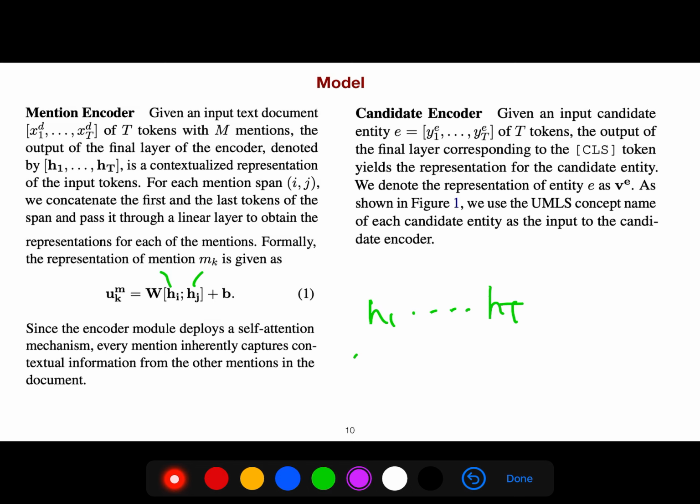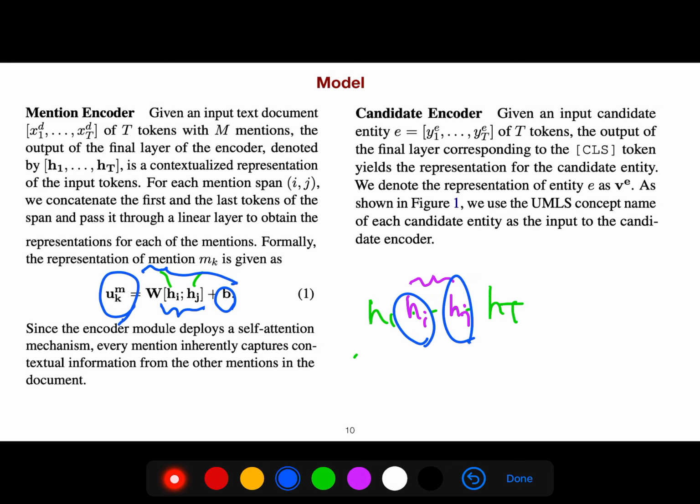But if your span starts from Hi till Hj, so this is the span of your mention, we only take the first one and the last one. Then we concatenate them, and it goes to a linear layer with bias. And so this is a representation of mention k only.